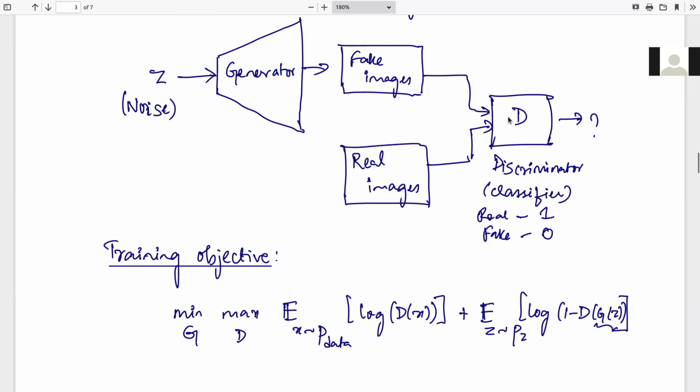This first term is representing the real images here: expectation over x drawn from P of data, over the images drawn from the real data or the training data. The discriminator should be able to classify them as real, right? So for that, it should maximize the probability, and D of x is representing the probability here. So log of D of x should be maximum.